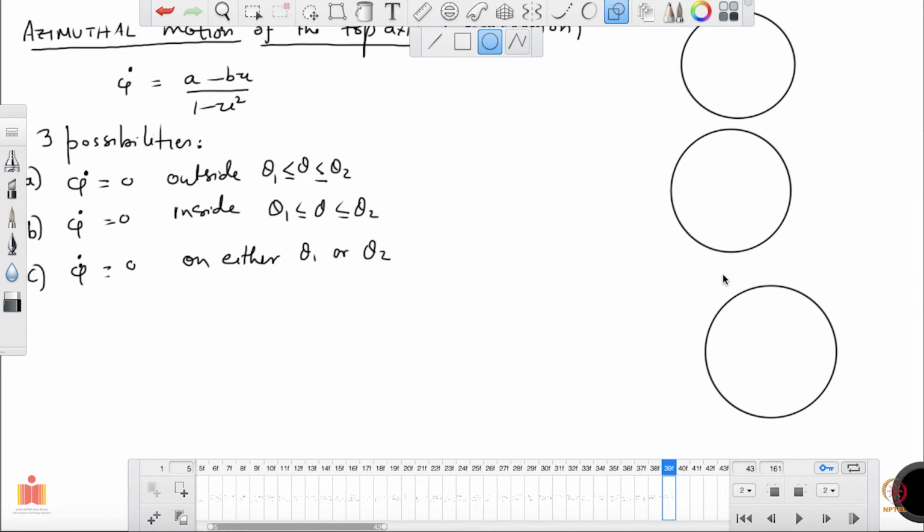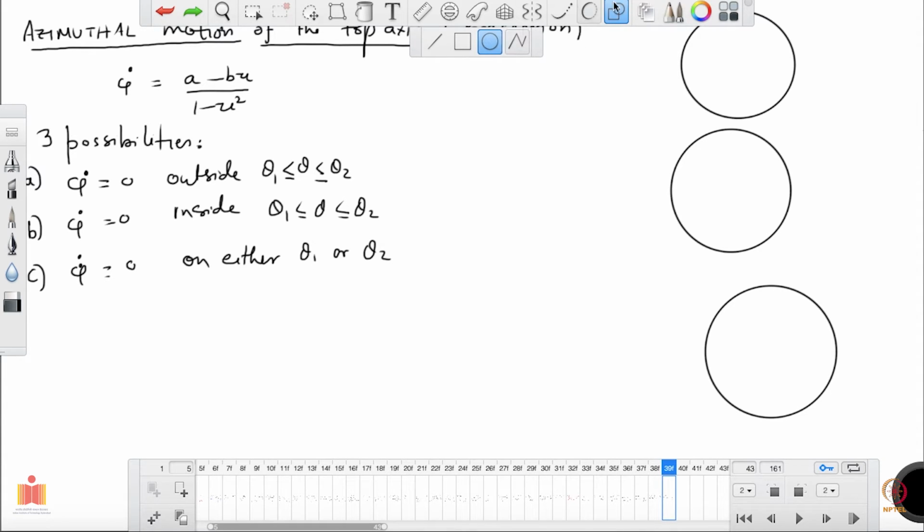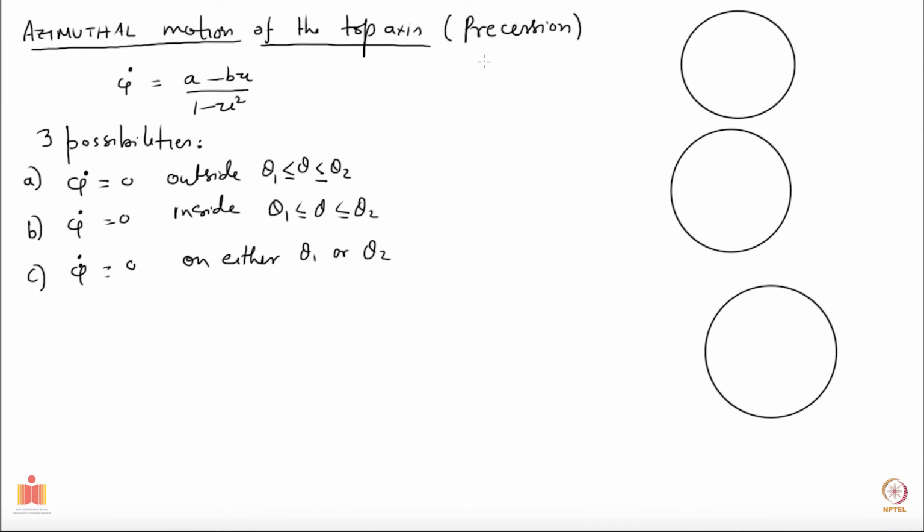Anyway, these are all the same circles, so even if they look different, we can pretend they are all the same. Let's go here and remove this. Perfect. So let's look at possibility number 1, that phi dot is zero outside this interval.